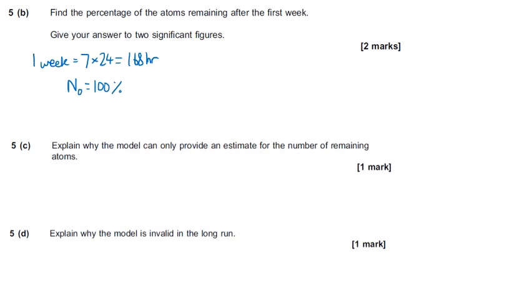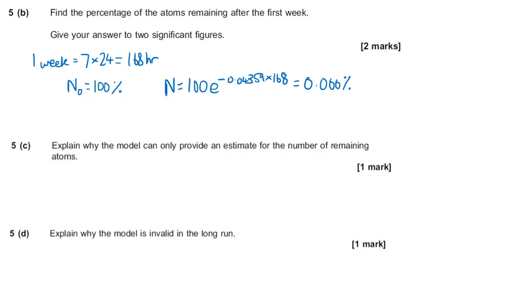Okay, so we start with 100%. So that n will then be a percentage. So 100 e to the minus, there's our k again, times 168. And if we calculate that, we get about 0.066%.